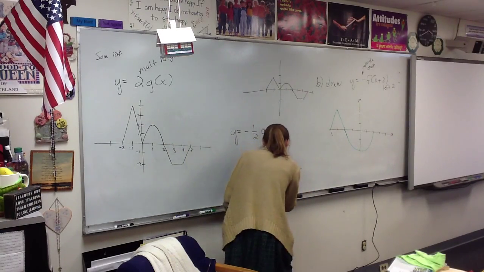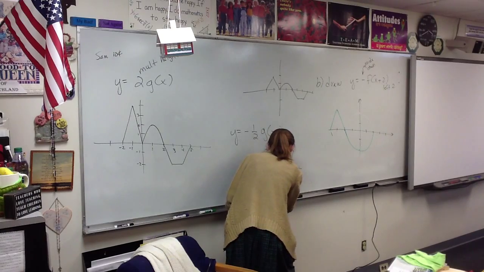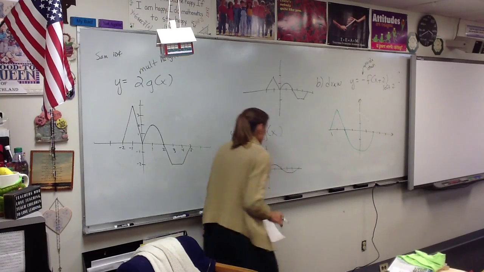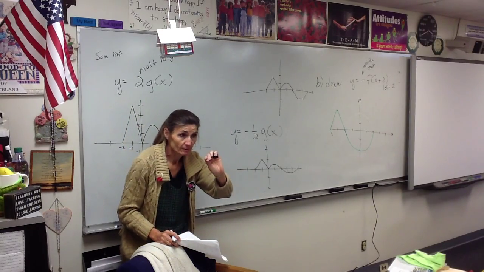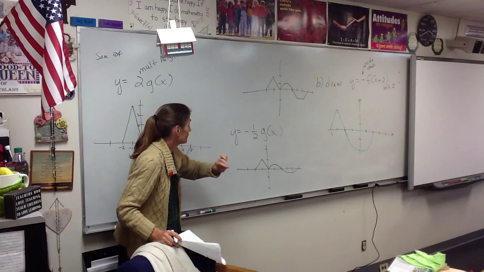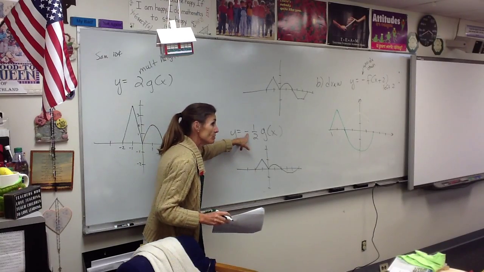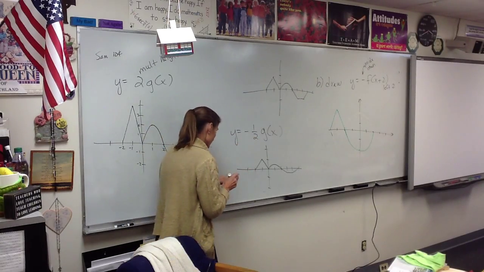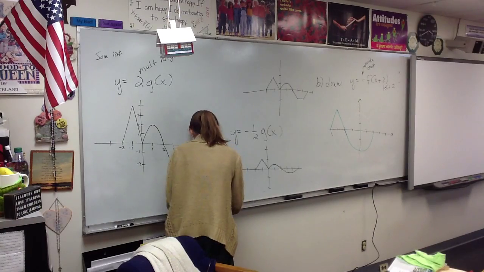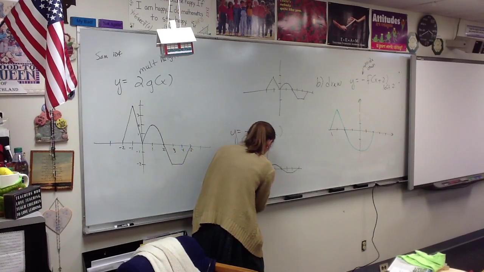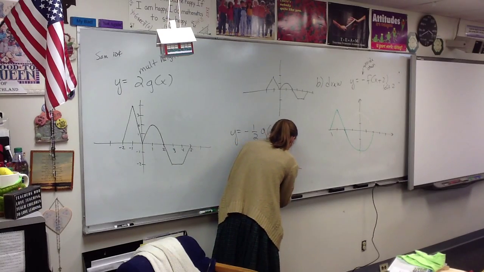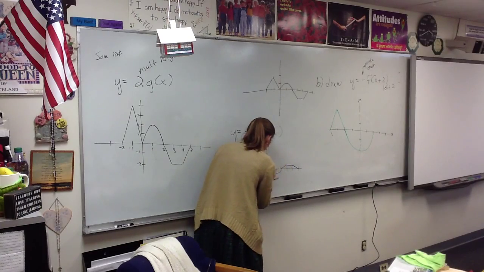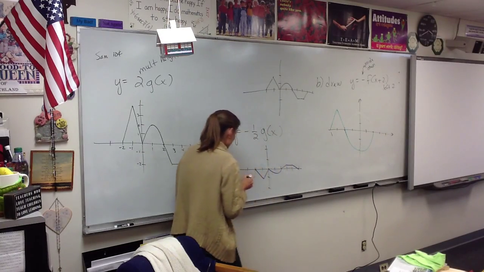So now he's only going to be 1/2. So there is 1/2 as tall. But what do I still need to do? Flip it. So now I'm going to turn it upside down. And there we go.